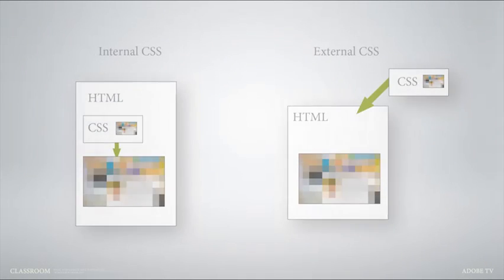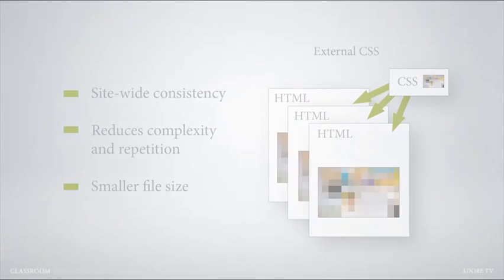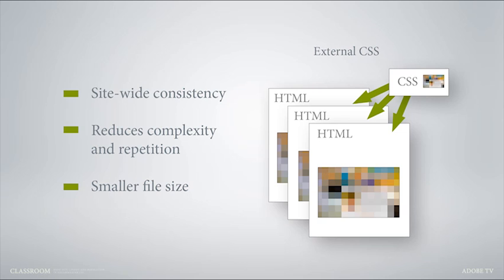And this CSS might live at the top of an HTML page, really nice and easy to edit because it's all in one place. Or it could be in a separate file altogether, a separate CSS file, which is really powerful because what you can do with that CSS file is have other HTML pages linked to it.